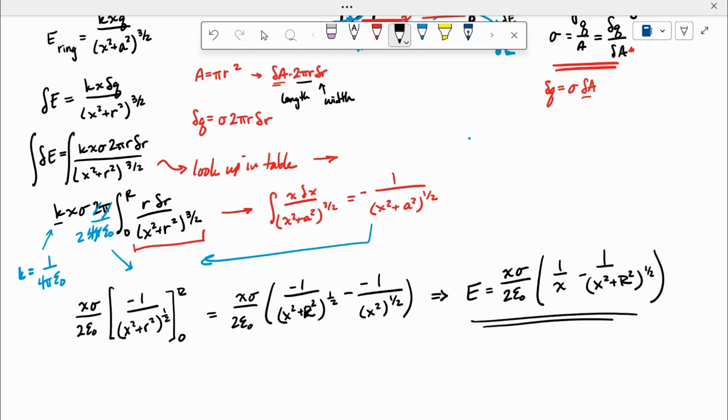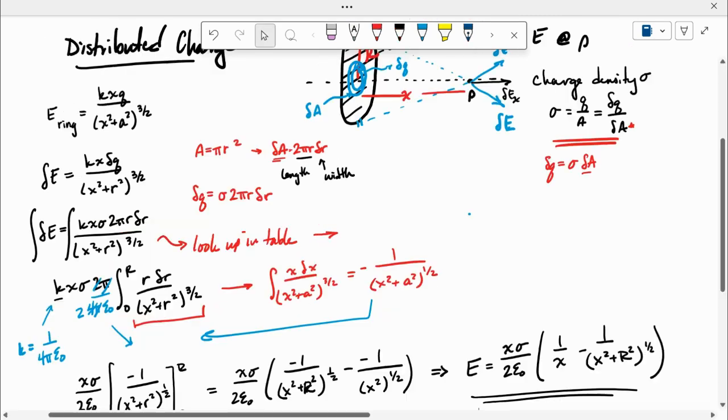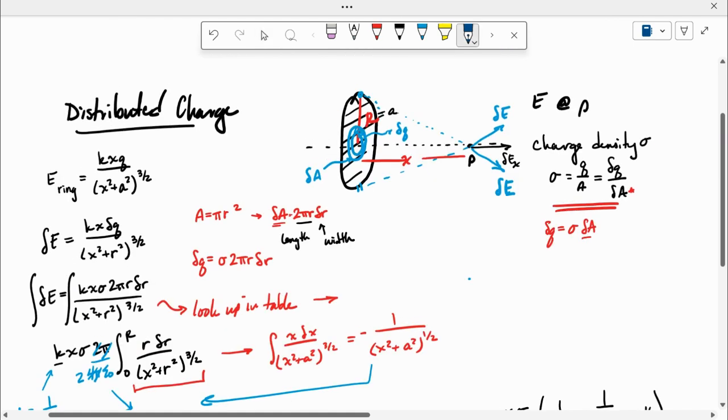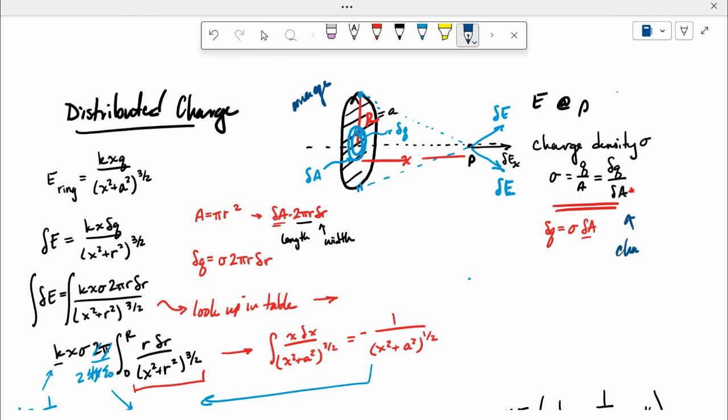Let's go back and examine the things I would actually care about. Here again we have our image. That's our setup. Here we have our charge density. And then here we're able to actually use something from before.